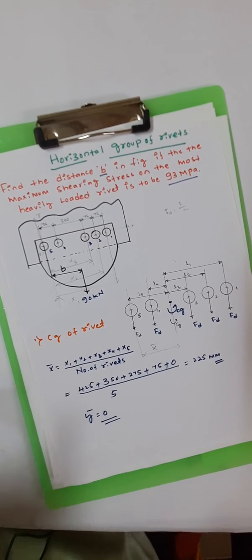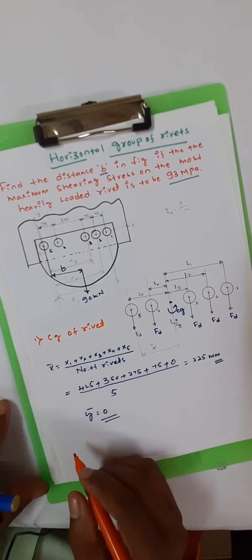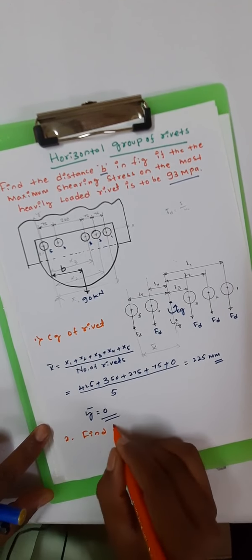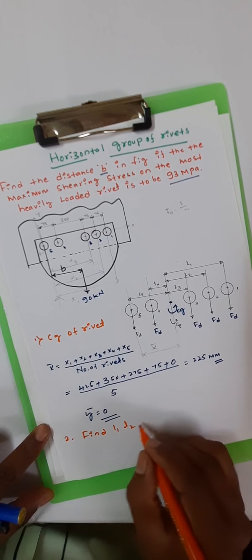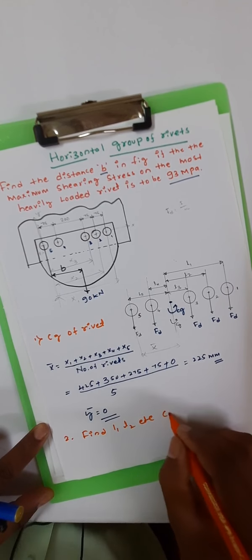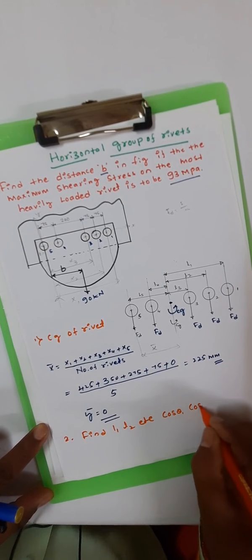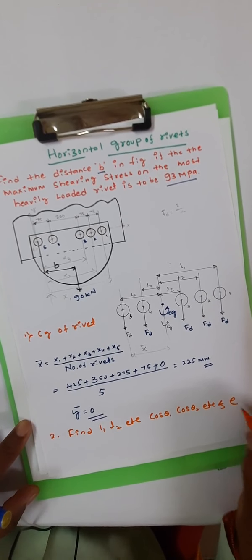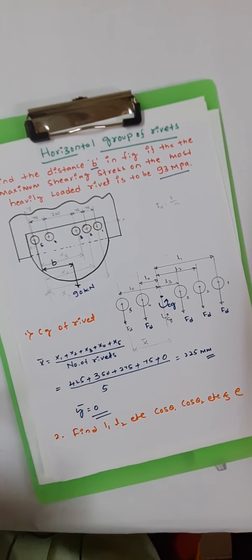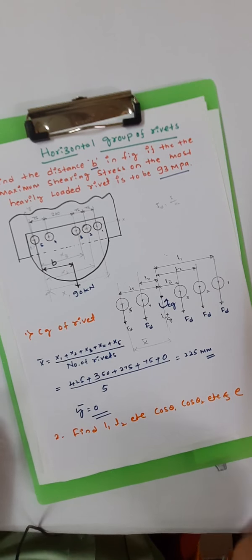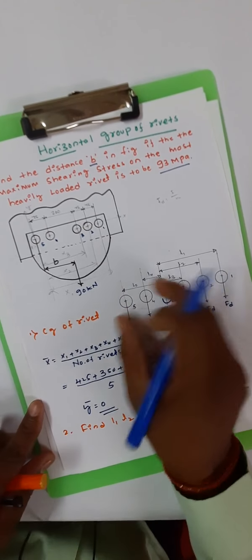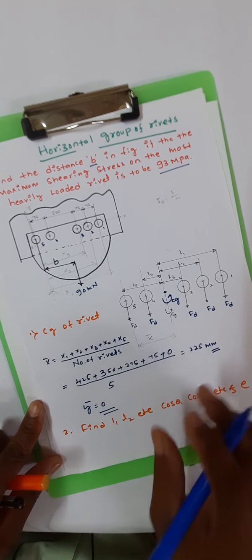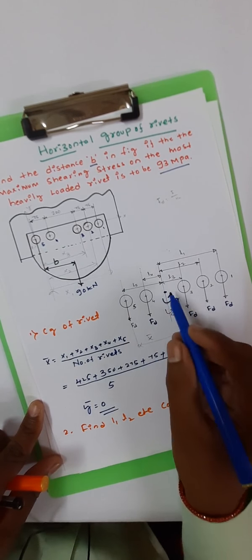Next, the second parameter, we need to find L1, L2, etc. Also we need to find cos theta 1, cos theta 2, etc., and the value of E, which is the eccentricity. We already determined L1, L2, L3, L4 for this problem, and I have directly written them.